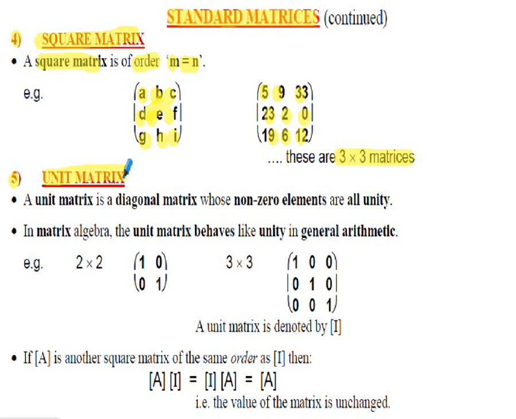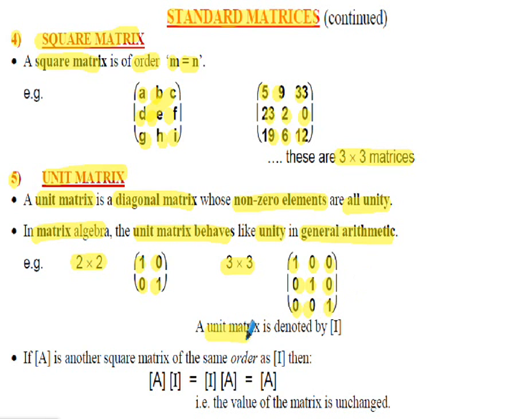5. Unit matrix. The unit matrix is a diagonal matrix of non-zero elements, all unity, all the value of 1. So for example, a 2 by 2 unit matrix is 1, 0, 0, 1, and a 3 by 3 unit matrix is 1, 0, 0, 0, 1, 0, 0, 0, 1.